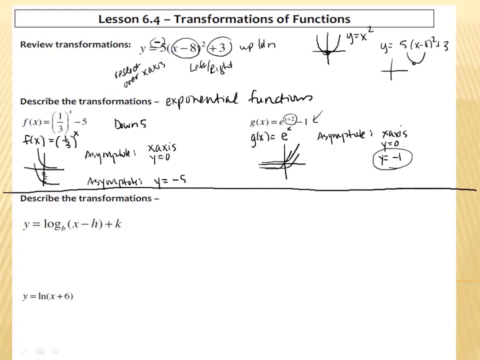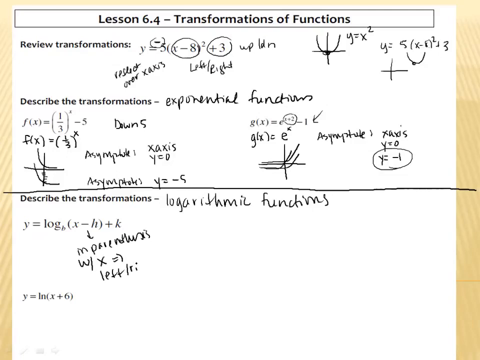So now let's talk about describing transformations with logarithmic functions. The rules are not going to change on you. Okay, if there's a number in the parentheses with x, we are going to go left or right, but it's the opposite of what you see.